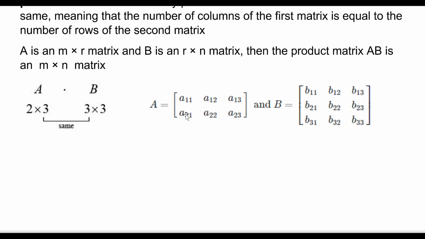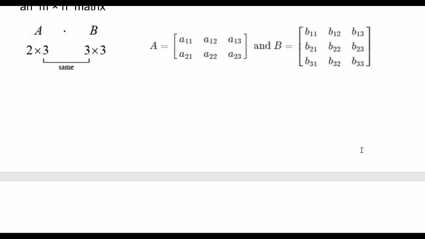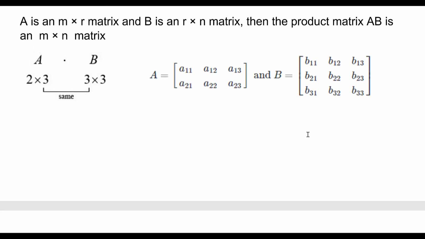And then to multiply this row here times this column to get the lower one down below, and we keep going. This row times this column, this row times this column. That gives you the values across the bottom. Remember, the result of this would be a 2 by 3 matrix.